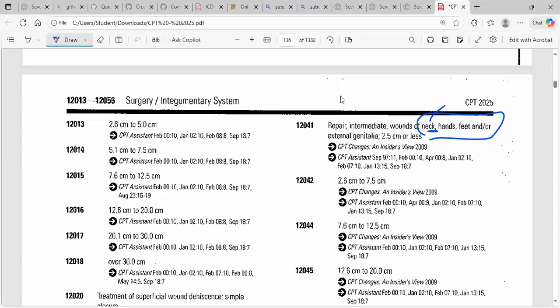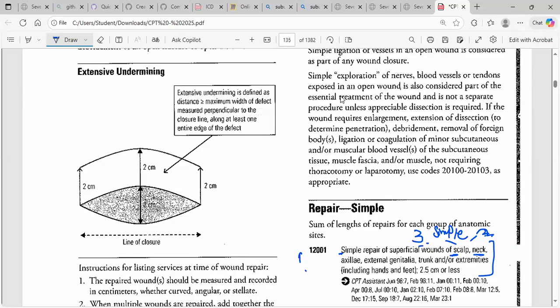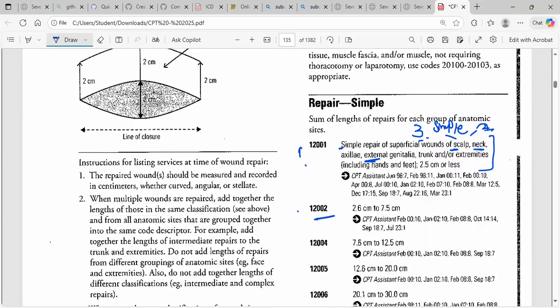If simple repair has been done on the neck and simple repair on the other anatomical location which comes under the same anatomical classification, then we are going to add. But if the types of repair are different, then we are not going to add. Okay, thank you.